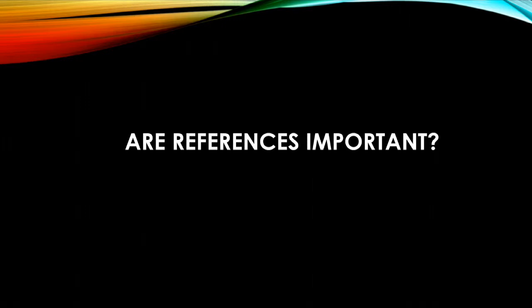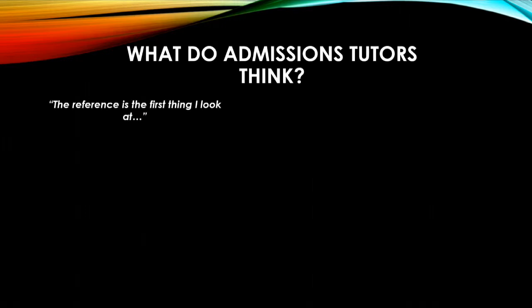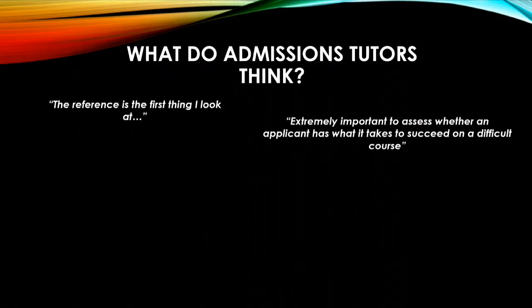What I've got on the next slide is some quotes from admissions tutors about what they think. So the reference is the first thing that I look at. The reference is extremely important to assess whether an applicant has what it takes to succeed on a difficult course. The reference can be useful if academic skills are described, so useful if the reference is used as an opportunity to demonstrate the skills that the student has that's going to be useful for that specific course.